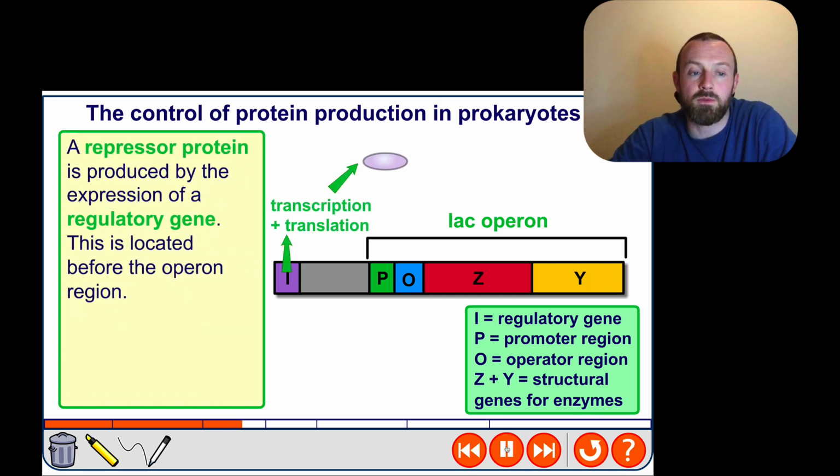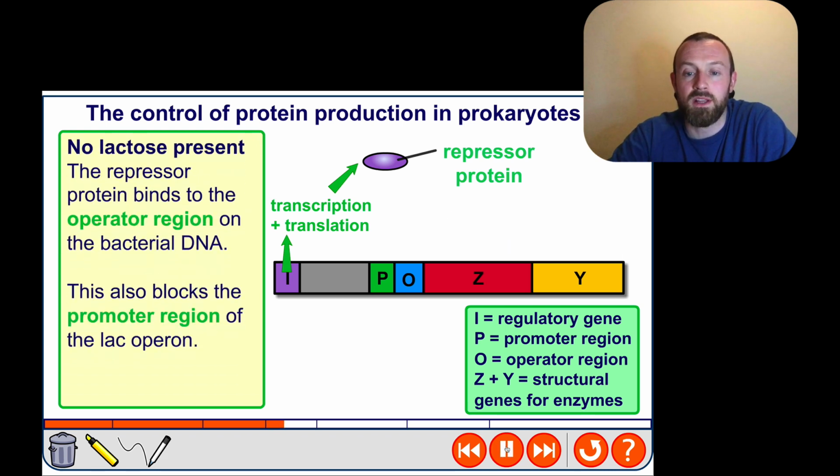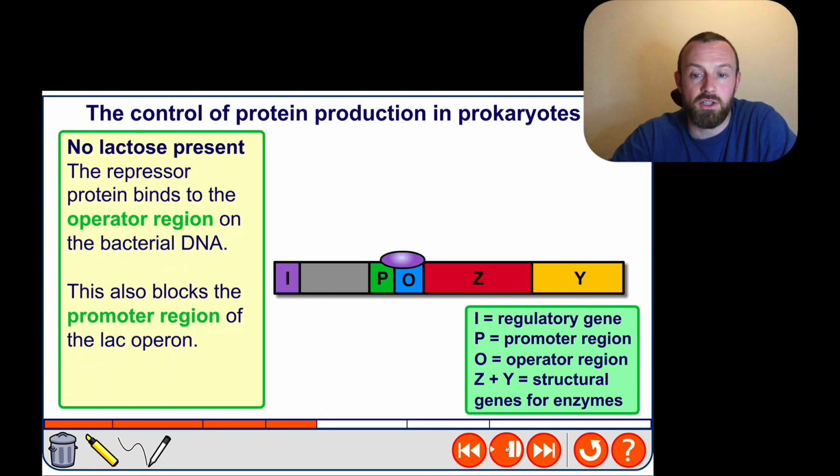Well, under normal circumstances, when lactose is not present, I will produce a protein. I is transcribed and translated, and a protein is made. This repressor protein can bind to DNA, but it only binds on the operator region. So when it binds on the operator region, it covers the promoter region as well. So that means it's masking the promoter.